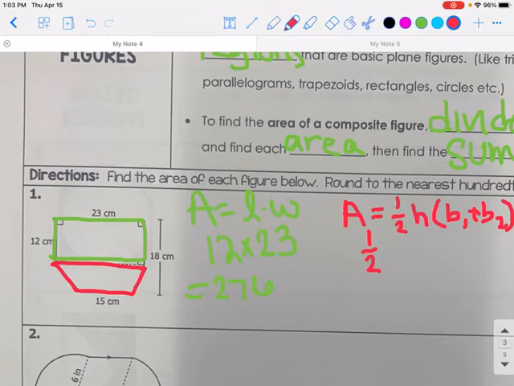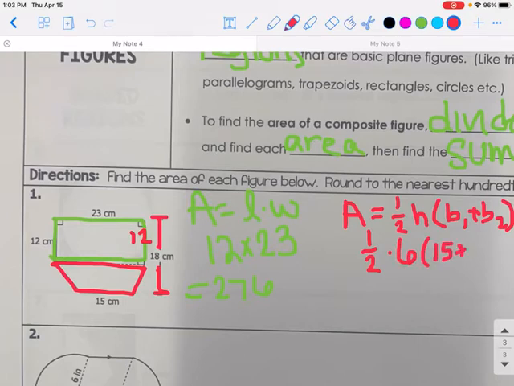So now the height of the trapezoid. They gave us that the entire shape here is 18, but I know this right here is 12 from the rectangle. So if the rectangle uses 12 of that 18, I know the trapezoid is using 6 of it. And one base is 15 on its own.